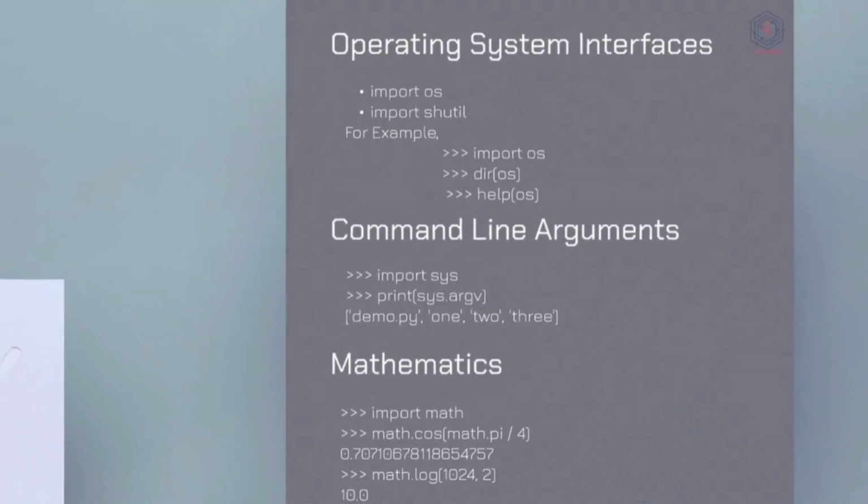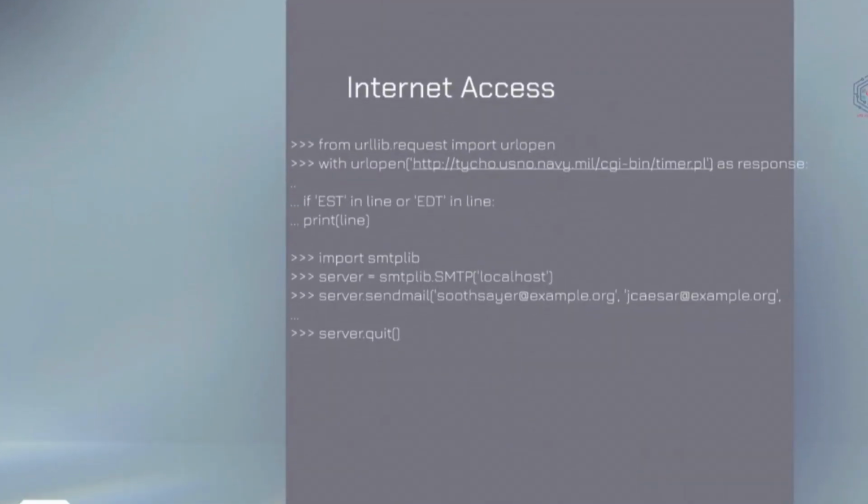Coming to the next module, Internet. There are a number of modules for accessing the Internet and processing Internet protocols. Two of the simplest are urllib.request for retrieving data from URLs and smtplib for sending mail.